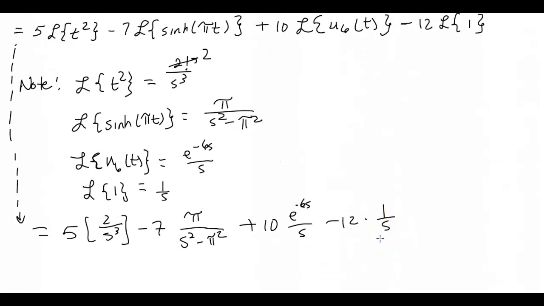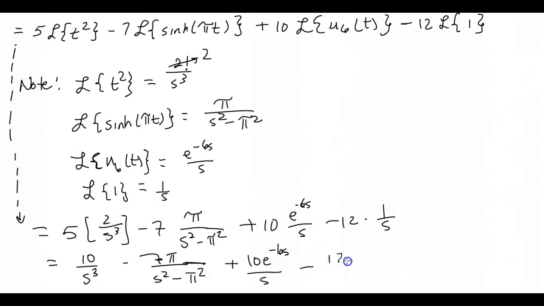And of course, all we have to do now is just bring it all together. So this is just 10 over s cubed minus 7 pi over s squared minus pi squared plus 10 e to the minus 6s over s minus 12 over s.